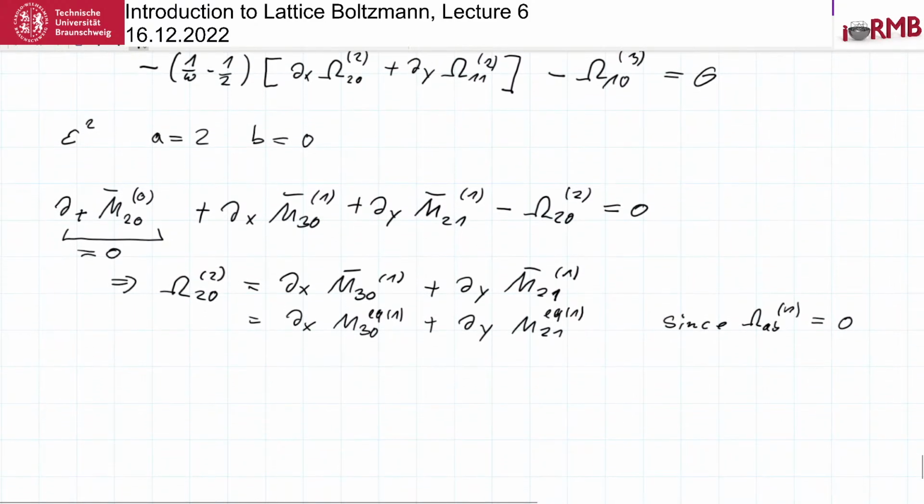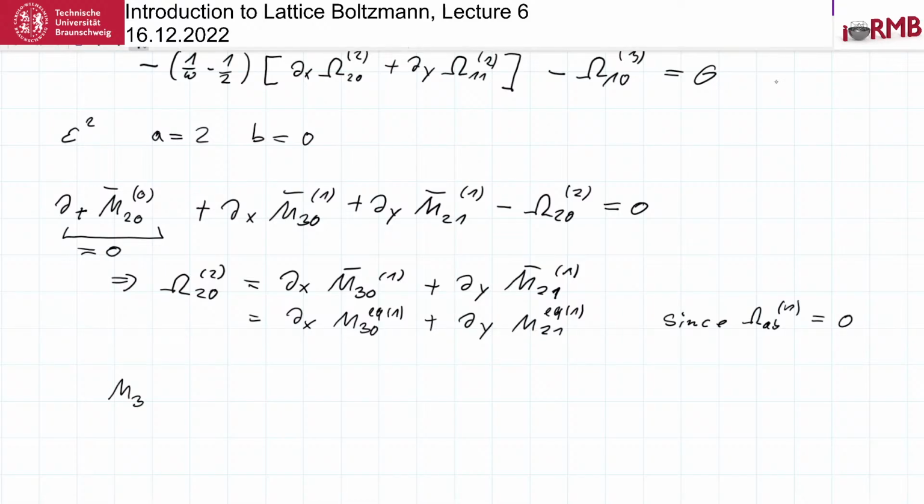Now, what do we have here? So the question was, what is M equilibrium first order equal to? As we introduced, this is an alias, so there's aliasing in it. So M30 is equal to M10 equilibrium first order, which is, of course, rho 0 order ux first order.